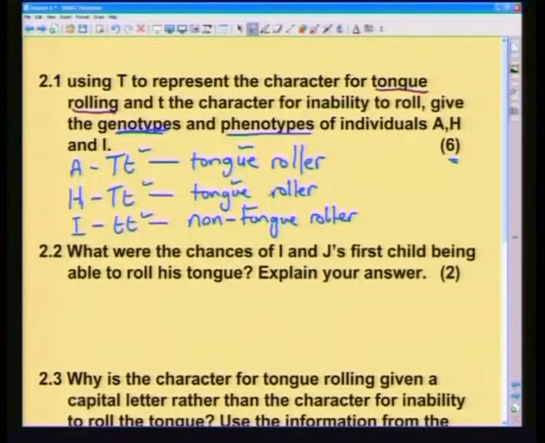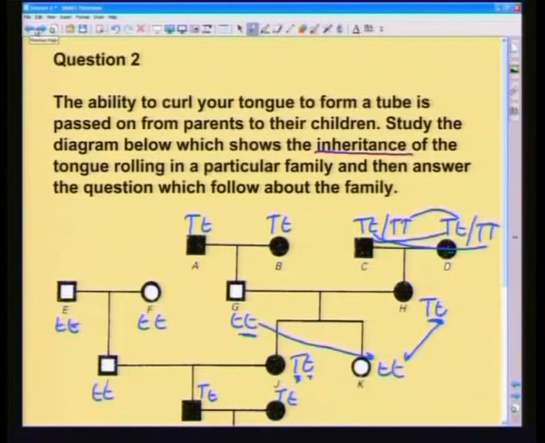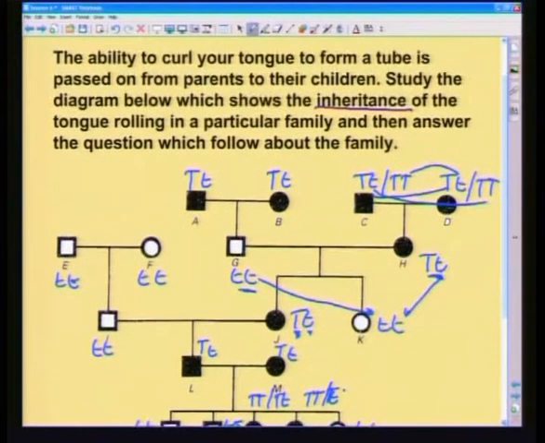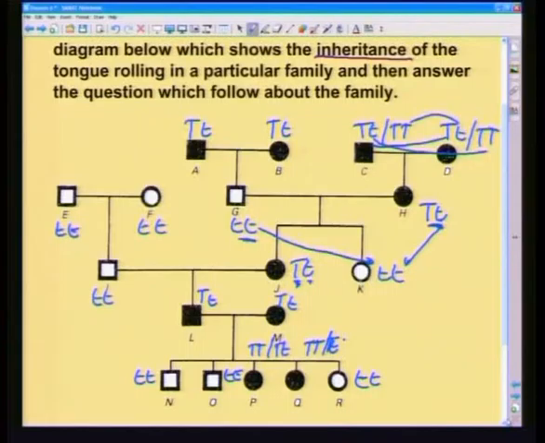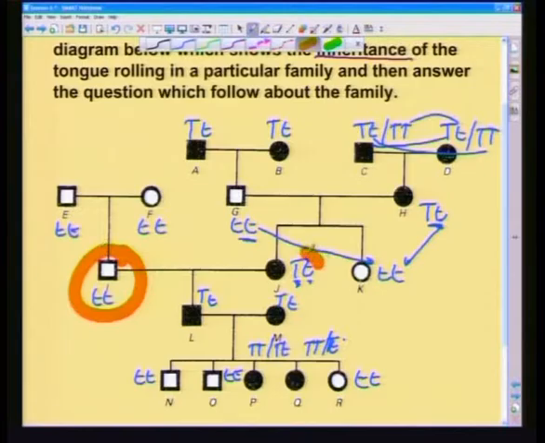What were the chances of I and J's first child being able to roll his tongue? Explain your answer. Now it's I and J, so we go back to our diagram and we look at I and J. And they want to know what the chances are that their offspring would be able to roll their tongues.